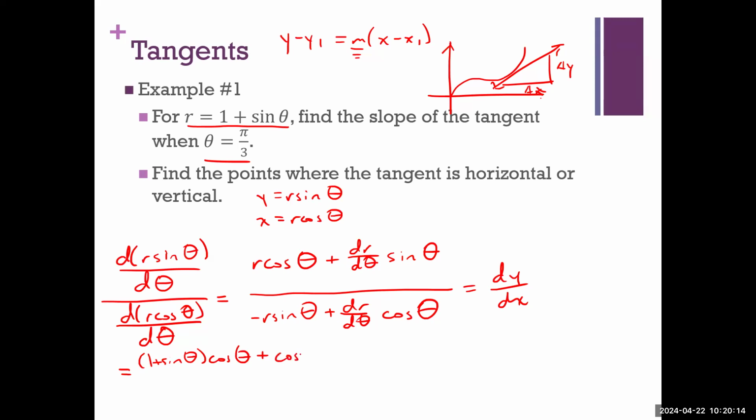Right, taking the derivative of r with respect to theta gives me this. And then I can make the same substitution in the numerator or denominator. So negative 1 plus sine theta plus cosine theta.